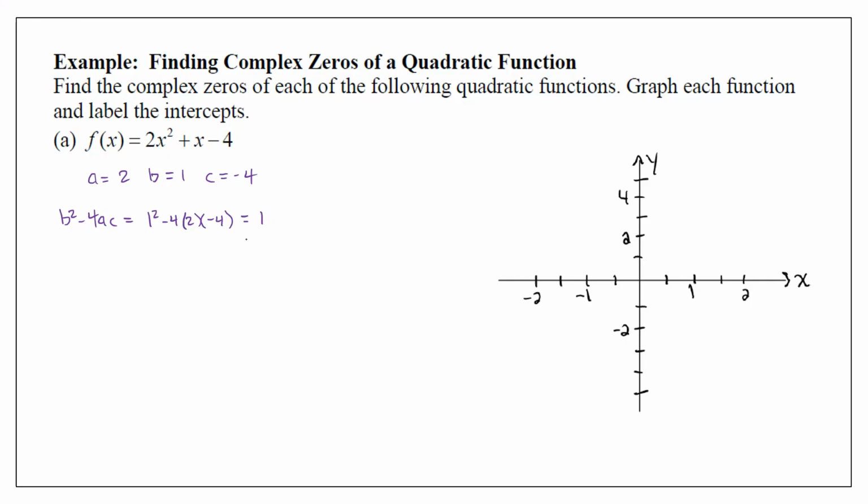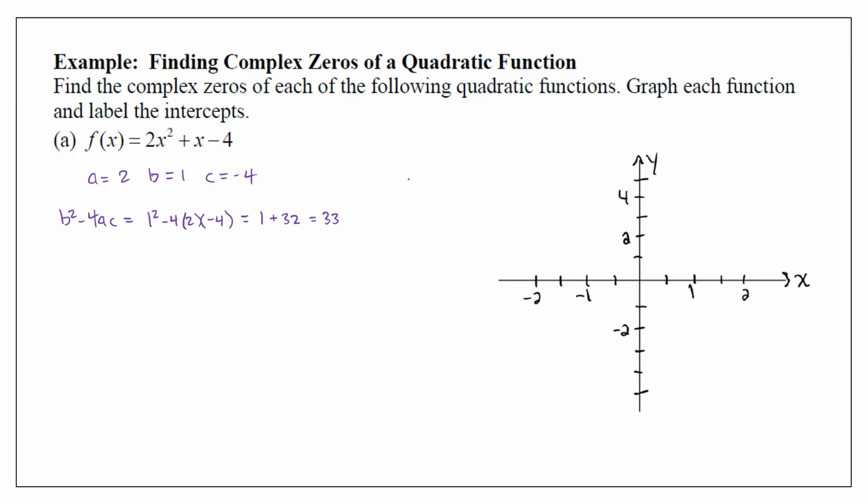So that's 1, and then negative 4 times 2 times negative 4 is going to be a positive 32. So 1 plus 32 is going to equal 33.